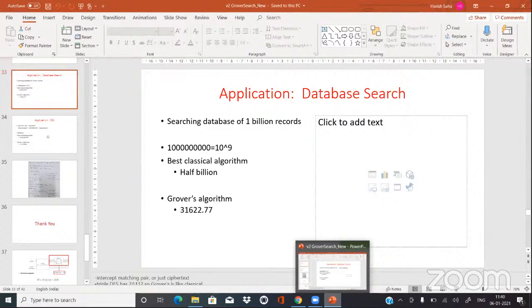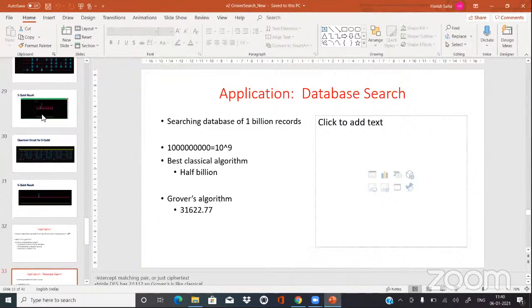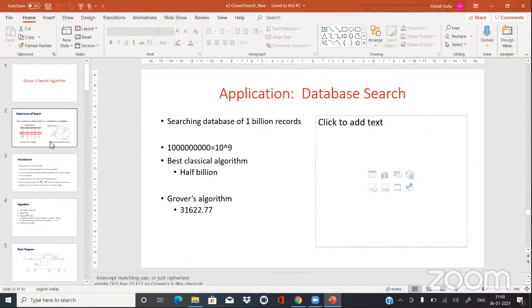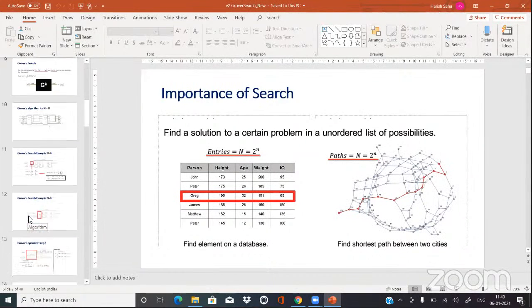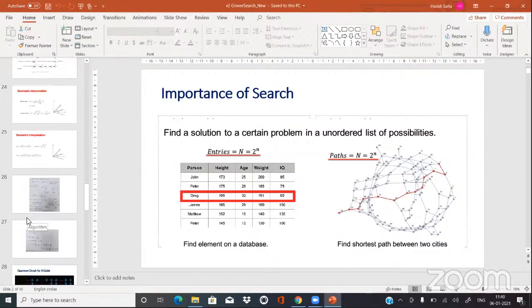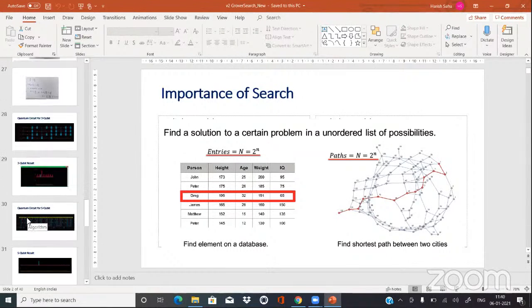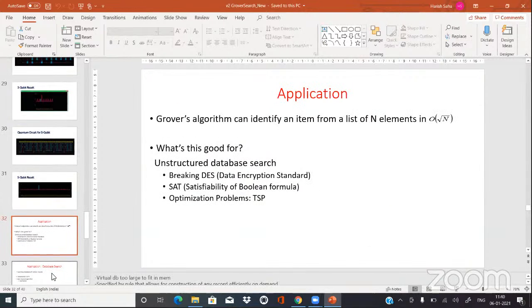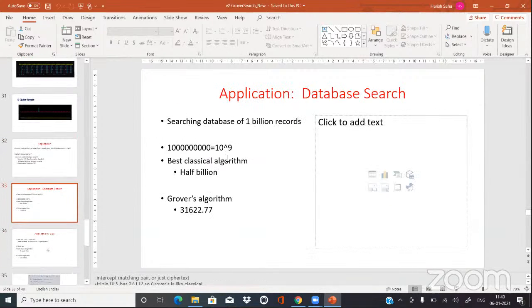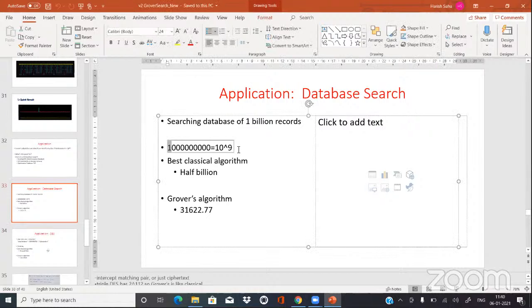This search is a very important problem, and it has varied application in different domains. I think it was clear in that 1 billion record scenario. See here, a 10 to power 9 database.